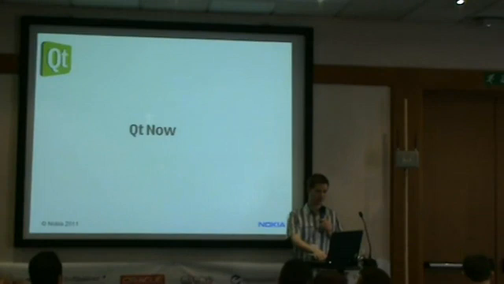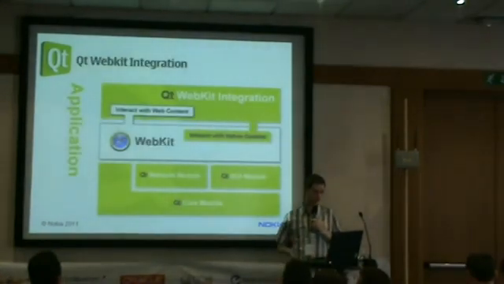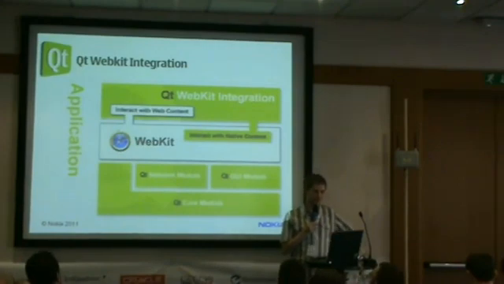it's already 6 years since 4.0, and the world has changed a lot, and so has Qt. First, some of the more trivial, but still significant things is the WebKit integration.